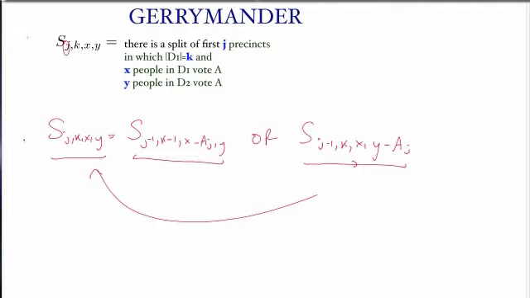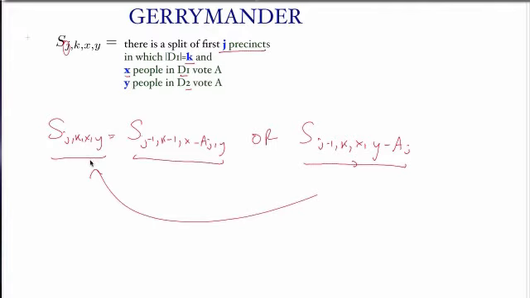Absolutely. The logic behind this equation. Okay. So this variable stands for there's a way to assign j precincts so that the first district has k of them, and x people vote for A and D1, and y people vote for A and D2.